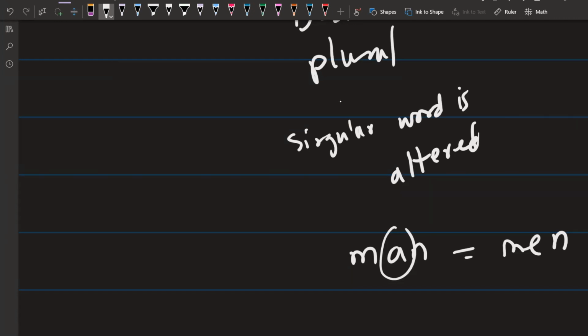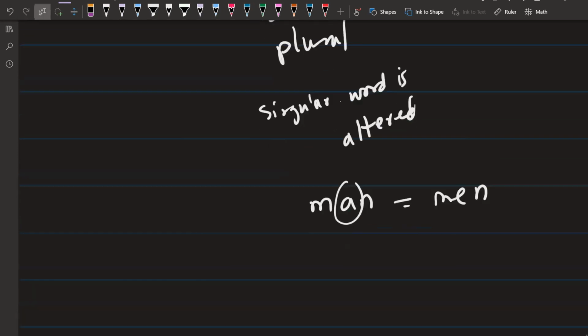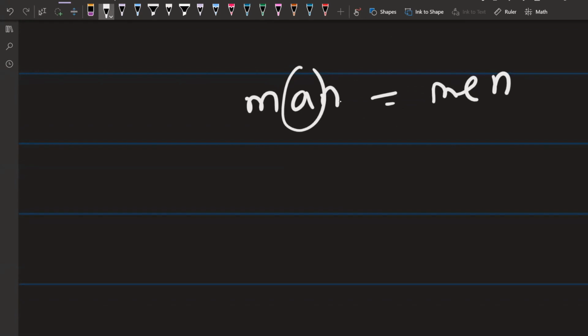In English, fortunately, we don't have too many of these kinds of cases, but in Arabic, unfortunately, most of the plurals are broken. For example, we say bait, baitun.